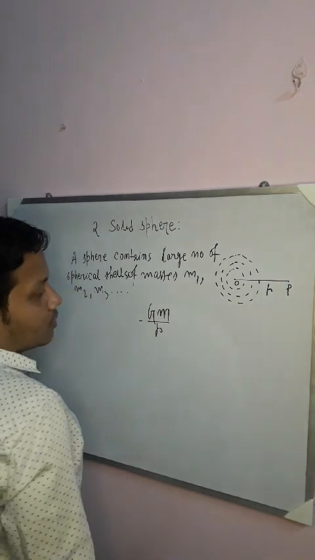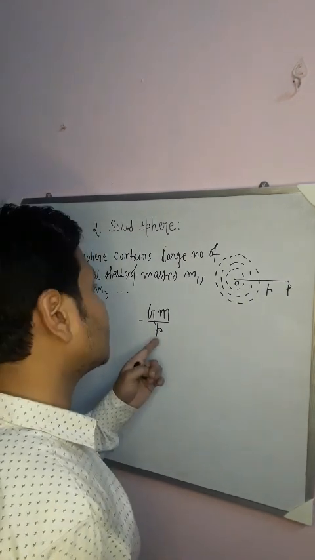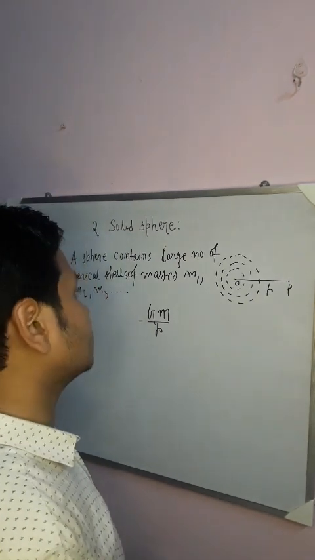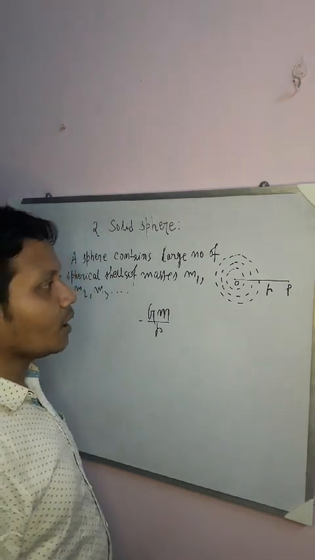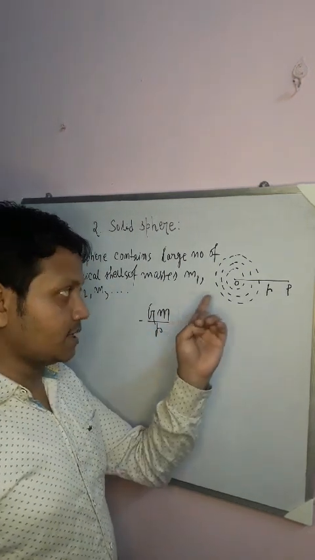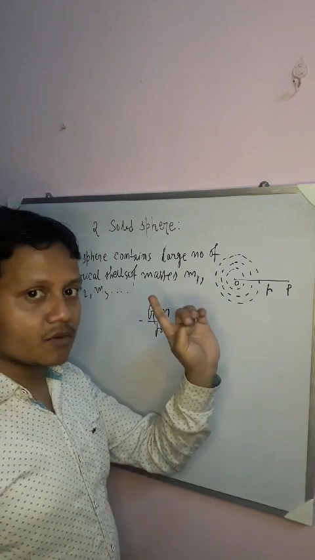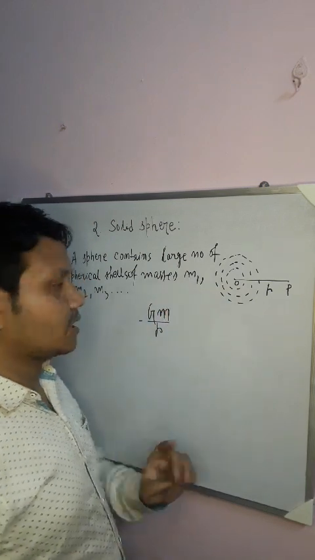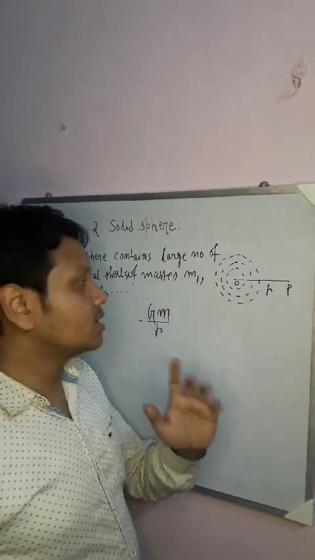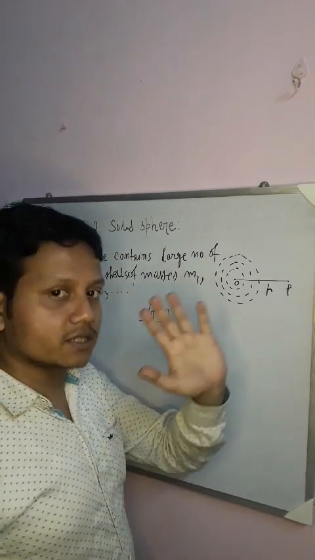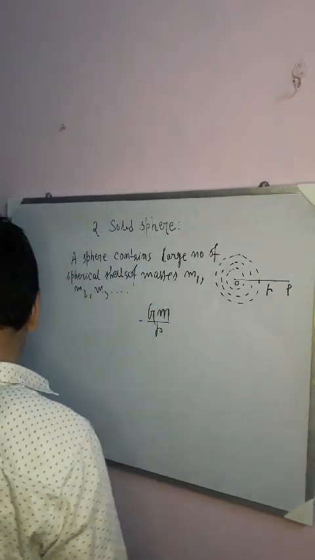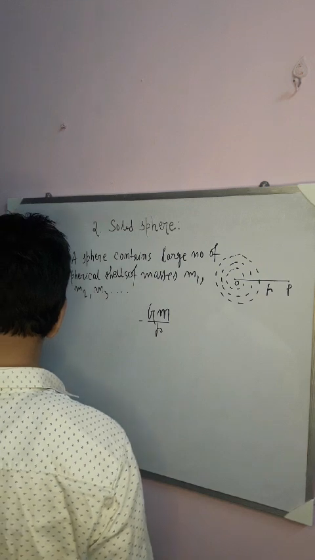So this is the gravitational potential at a point outside a thin spherical shell. Here, obviously, since the sphere consists of a large number of spherical shells, the gravitational potential will be the sum of the potentials of the different shells.